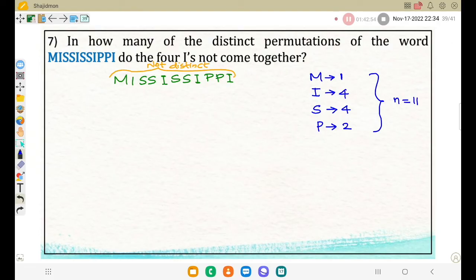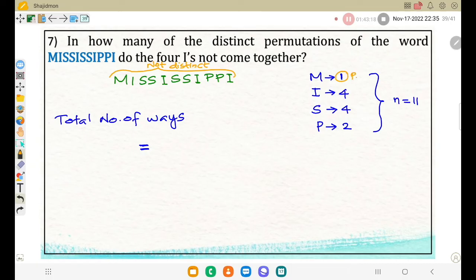Okay. Now before coming to the question, just calculate the total number of ways this word Mississippi can be arranged. What is the permutation? Not distinct means n factorial divided by p1 factorial, p2 factorial, like that, correct?